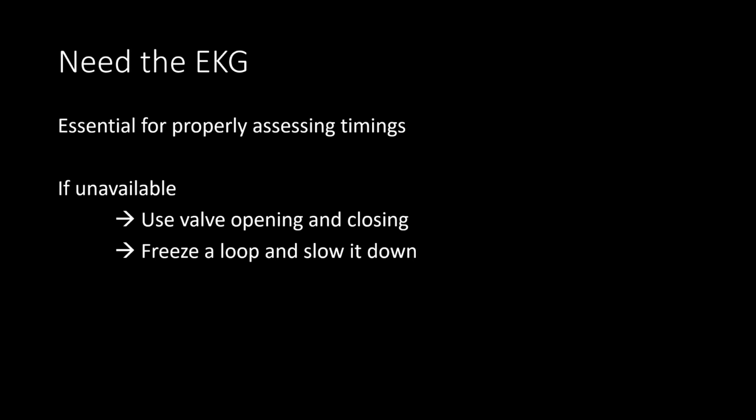This is essential for proper assessment of the timings of the septum. If this is unavailable, use the valve opening and closing to assess systole and diastole, which are the main markers that you need. I also recommend freezing a loop and slowing it down and carefully noting when the septum changes direction.